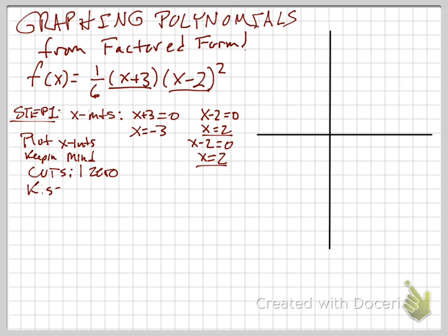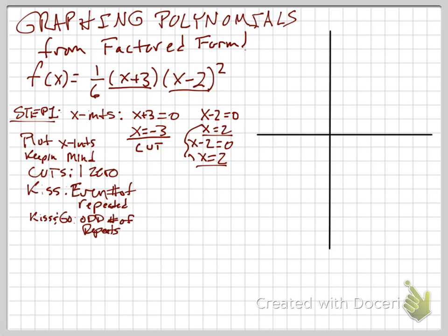There's kisses, remember, that's if there's an even number of repeated zeros, and then there could potentially even be little kiss and go action, and that's if there's an odd number of repeats. Now in this case, because I only have one 0 at x equals -3, I know that is going to just cut through the x-axis at that point.